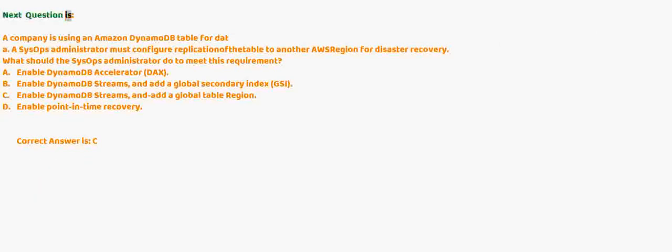Next question is: a company is using an Amazon DynamoDB table for data. A SysOps administrator must configure replication of the table to another AWS region for disaster recovery. What should the SysOps administrator do to meet this requirement?